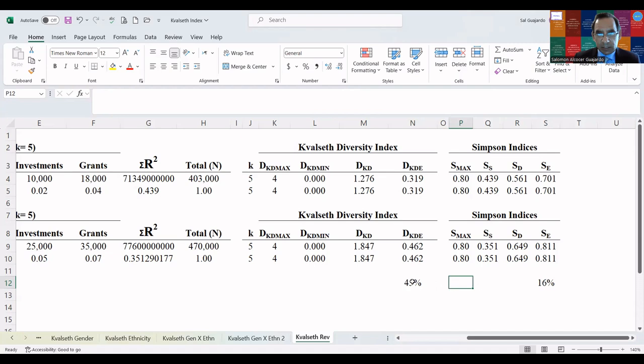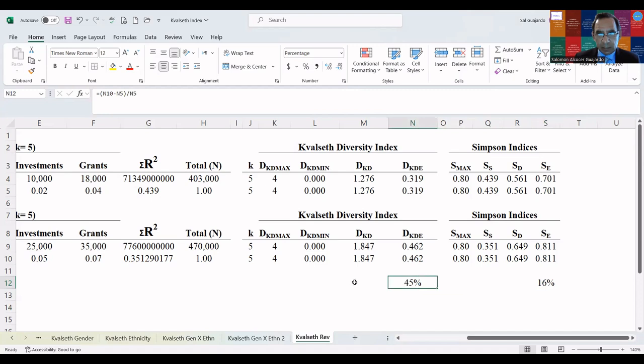It also indicates that the Kvalseth index seems to be more robust in detecting differences when compared to the Simpson index. The percent increase for the Kvalseth index is 0.45, or 45%. The rate of change for the Simpson index is 16%.